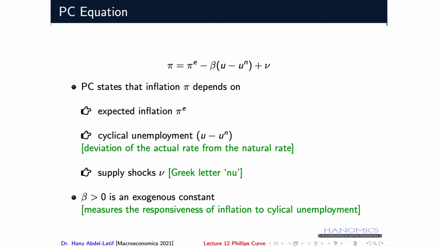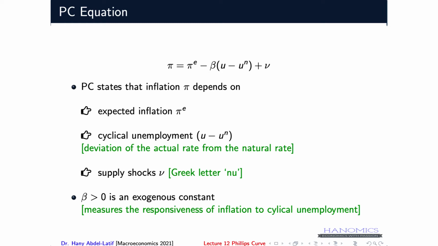So what do we learn from this equation? As I said, the inflation rate depends on the expected inflation rate, and it also depends on the cyclical unemployment. It's important to hold on for a second and remind you of what we explained about cyclical unemployment and the natural rate of unemployment, which is here u_n. So u is the actual unemployment rate, and u_n is the natural rate of unemployment.